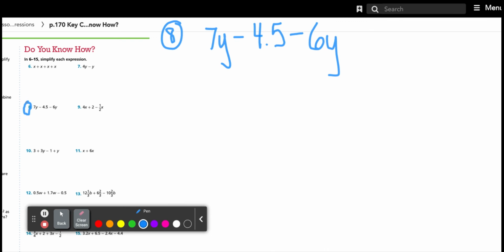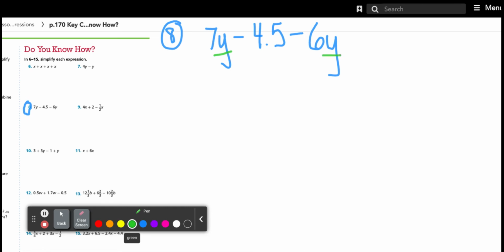Okay, so now let's look at number 8 here. Number 8, we have 7y minus 4.5 minus 6y. So which terms are like terms here? Which terms have the same variable with the same exponent? We have 7y and 6y.